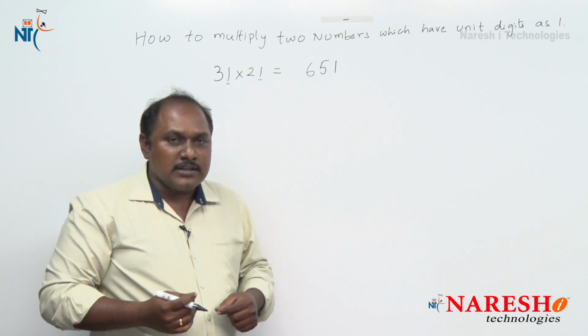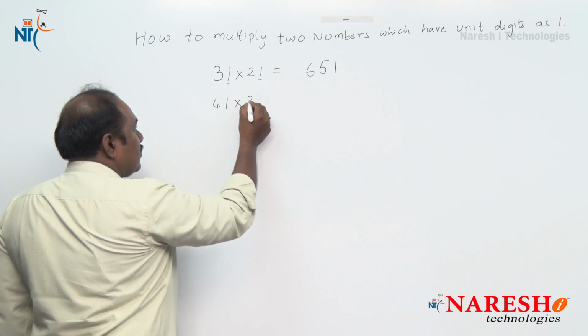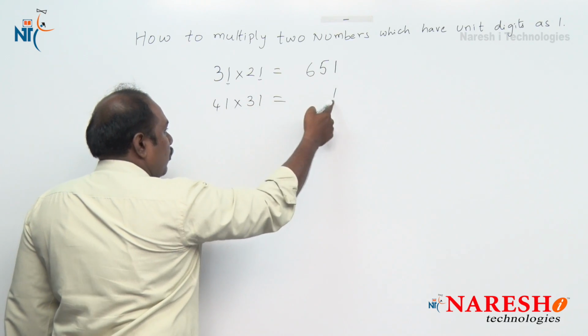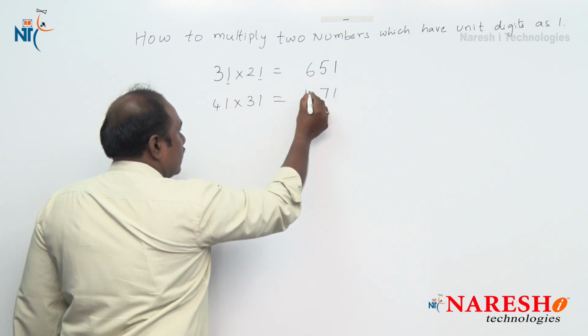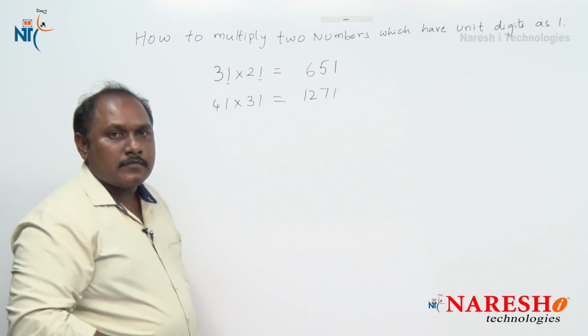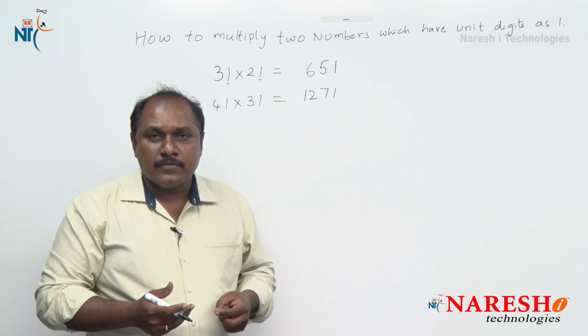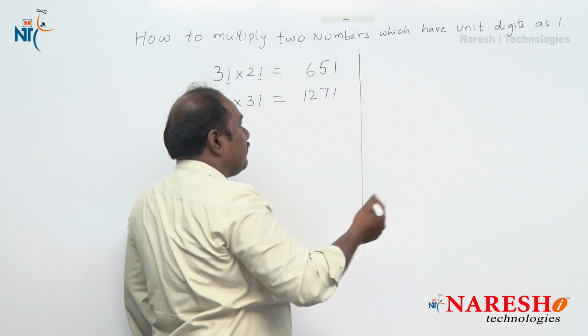Now let's take one more example quickly and try to answer. 41 into 31. 1 into 1, 1. 4 plus 3, 7. 4 into 3, 12. Like this, we can multiply two numbers whose unit digit is 1. Let's take a bigger number.